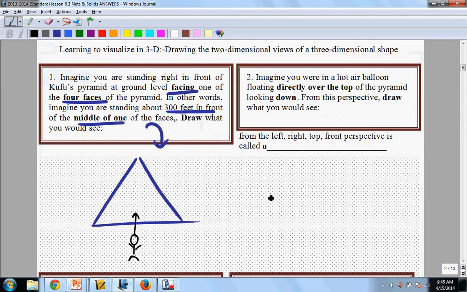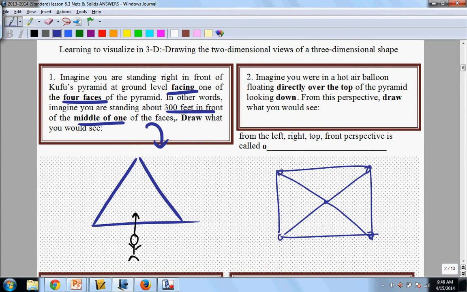You're looking directly down at the pyramid. These pyramids have 4 sides. All right, guys, got it? It should be pretty quick. Looking directly down?